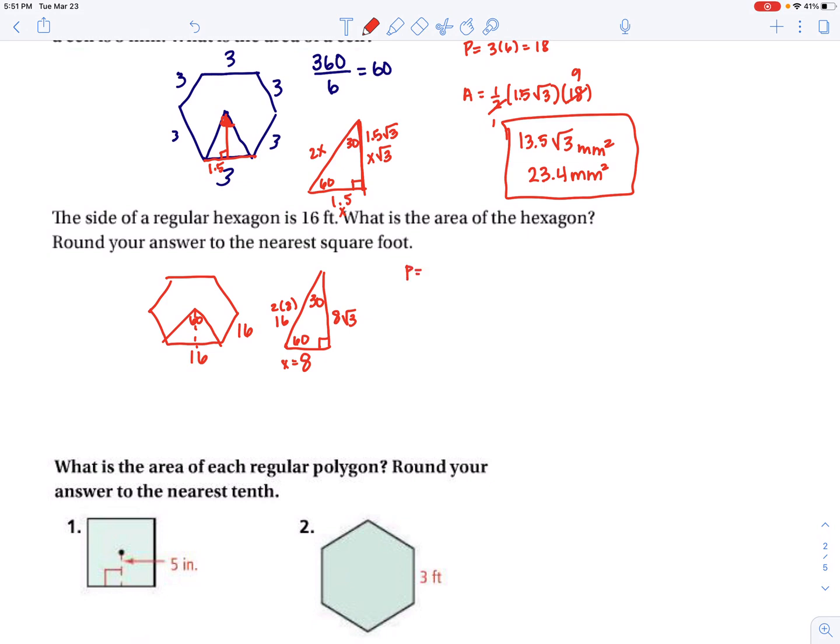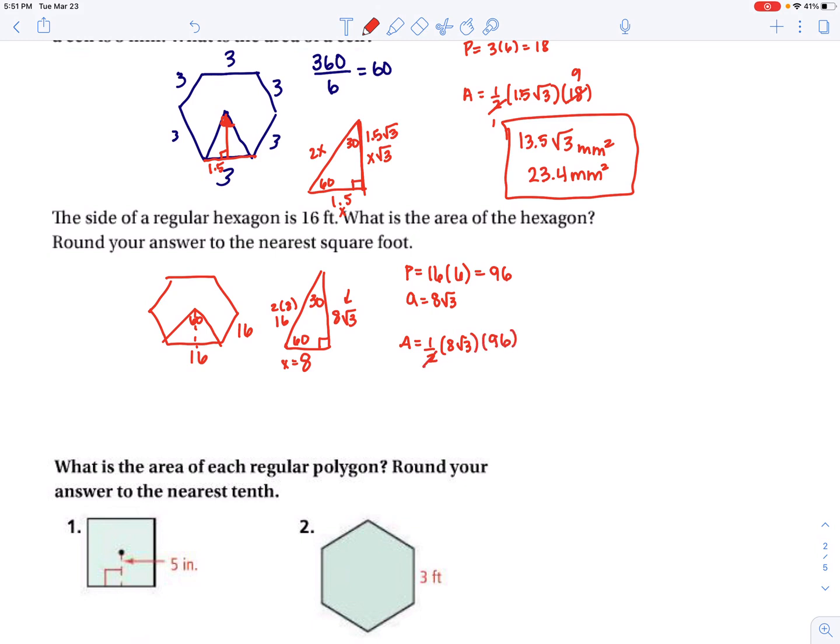So my perimeter, I'm going to take 16 times 6. So 16 times 6 is 96. And then the apothem was this side here, the height of it, which is 8 square root 3. So my area is half the apothem times the perimeter.